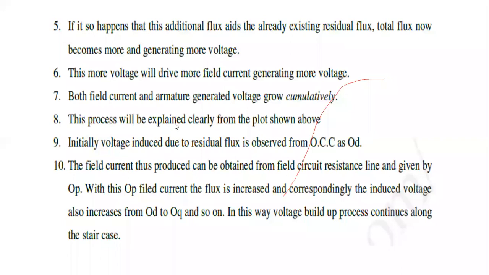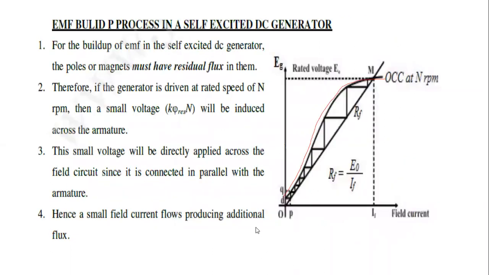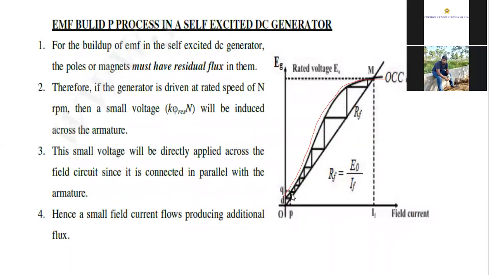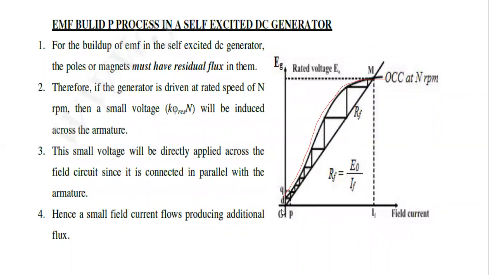This process will be explained clearly with the plot shown in the above graph. Initially, the voltage induced due to the residual flux is OD on the OCC. The field current thus produced can be obtained from the field circuit resistance and is given by OP, or PM.